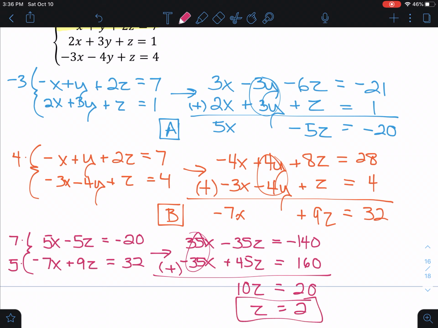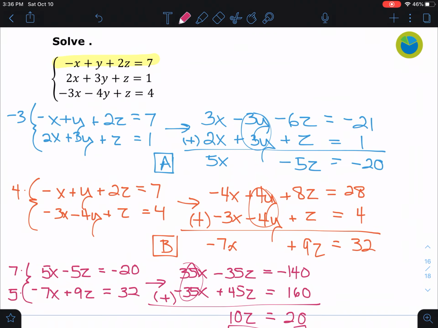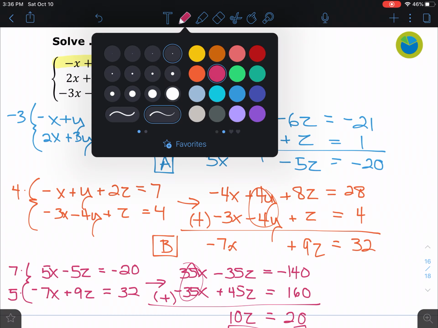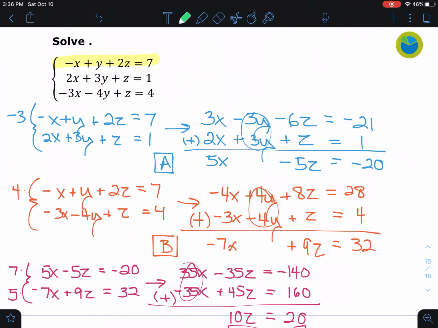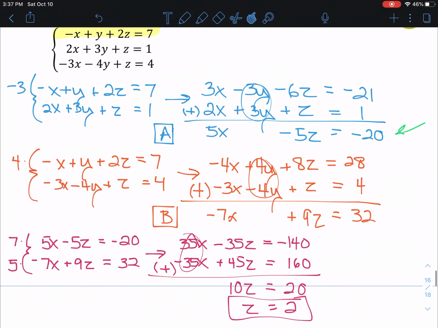Now, you want to plug that into one of your A or B equations, okay? So I'm going to plug it into A, I think. So we know that z is 2. So I'm going to go up here and we'll go 5x. So again, I'm plugging into this one. Minus 5 times z, we said, is 2. Look right there, z is 2.